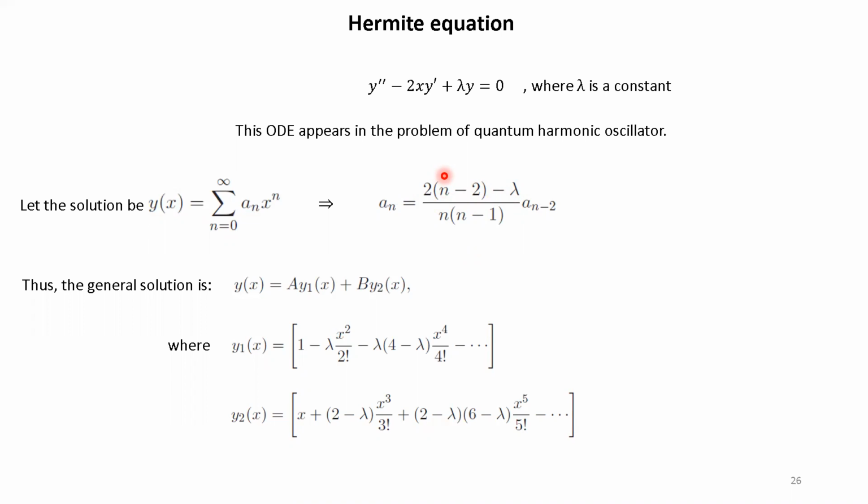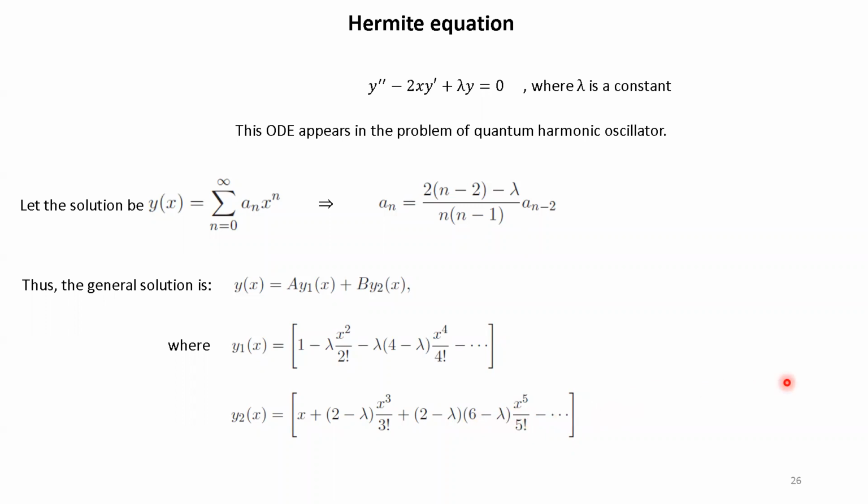Given that you choose some value of lambda, if I choose lambda equals 4, you can see that this term will become 0, and also all the subsequent terms will be 0. If you put lambda equals 6, then this term is 0, and all the subsequent terms will be 0.